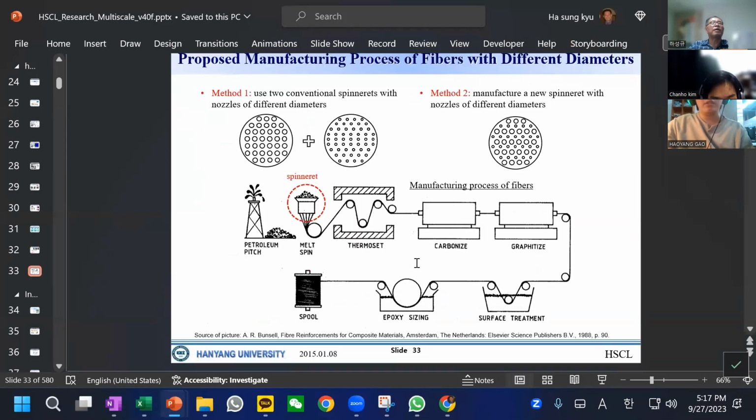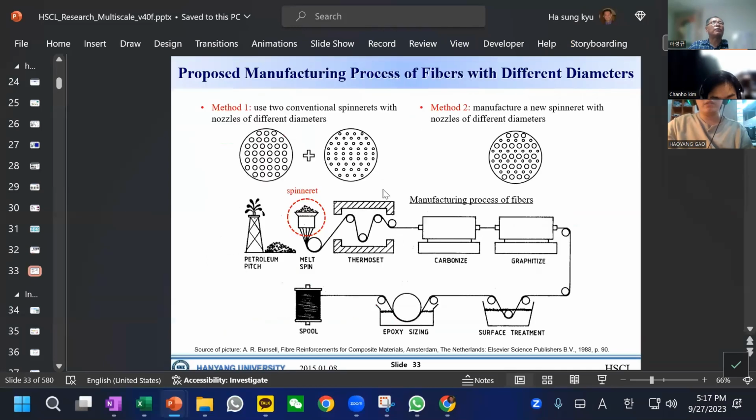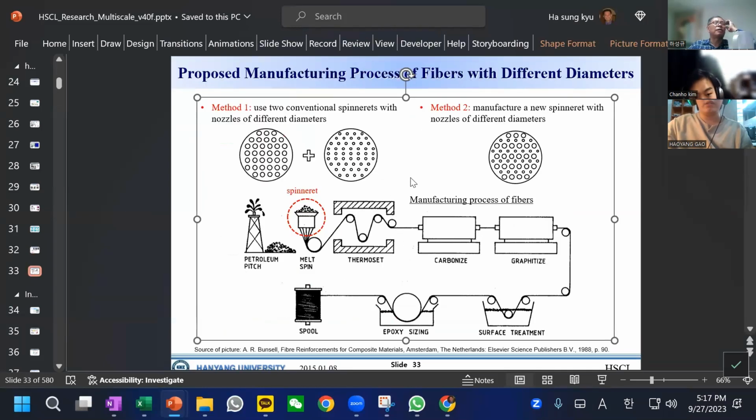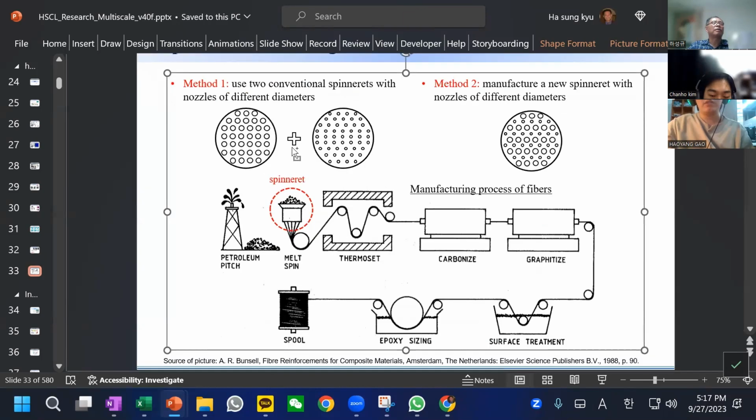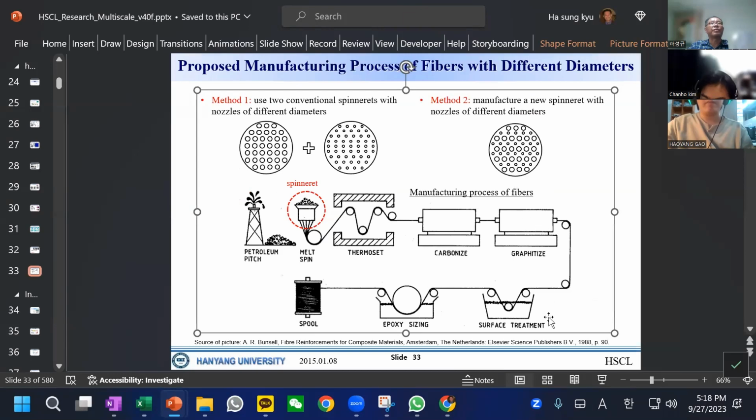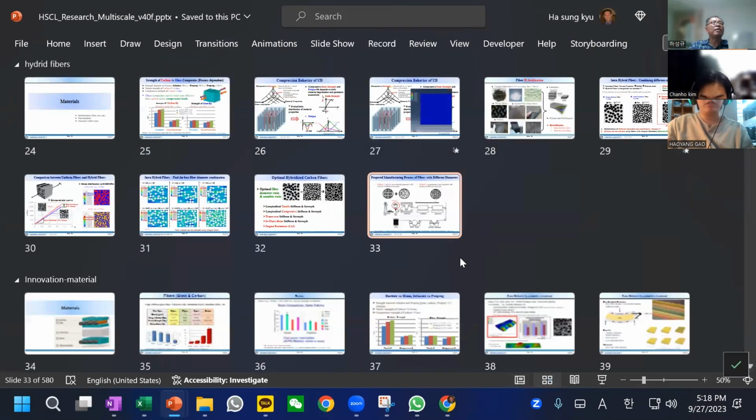This is just my proposal: this hybridization of carbon fiber is not fully commercialized, but to commercialize it, we can combine two different tows and process. So anything you can imagine can be visualized. We can process.